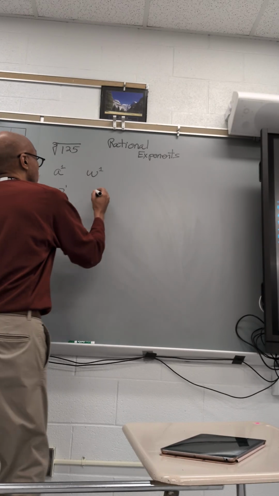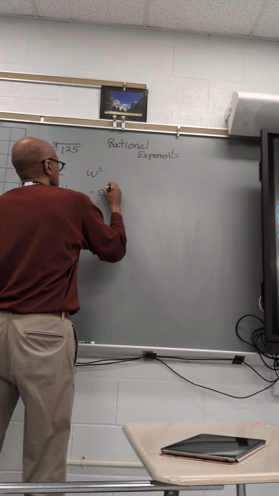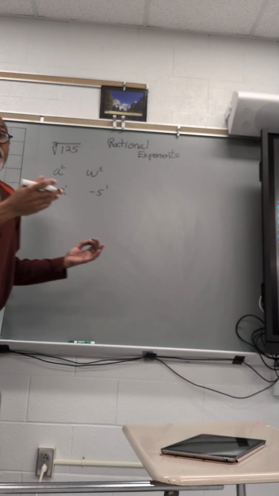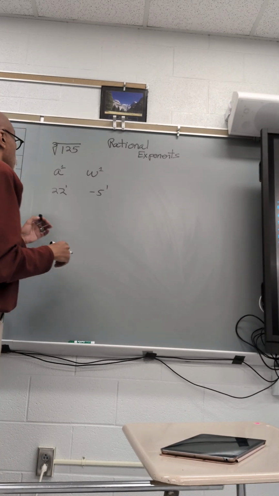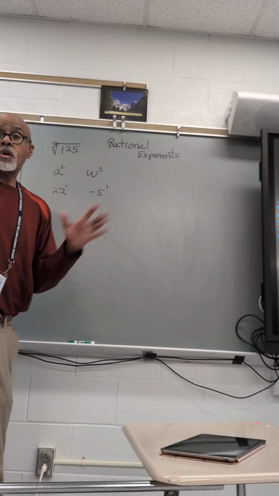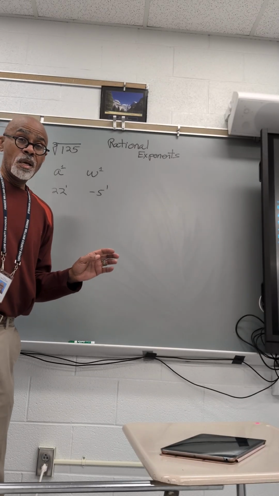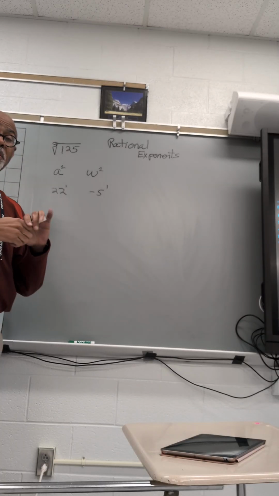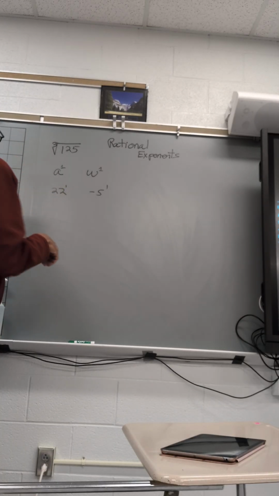Negative 5 is negative 5 to the first power. Because we could have negative 5 to the third power, or 22 to the 40th power, or whatever it is. We don't think of it that way much. However, for what we're doing here, it's going to help.